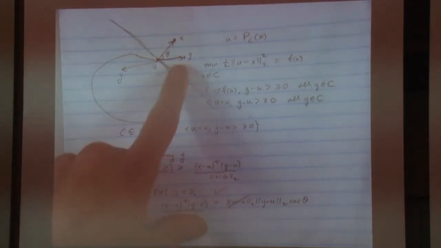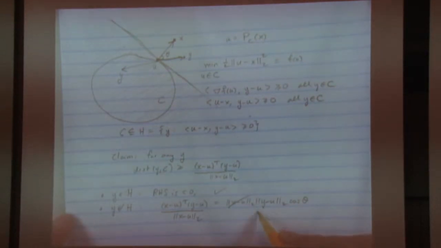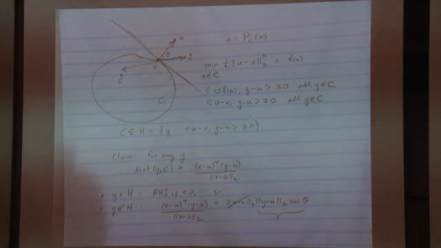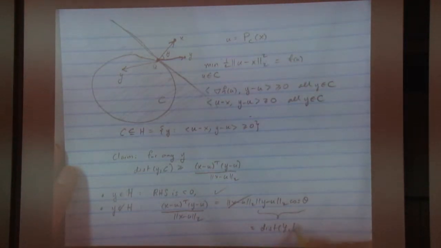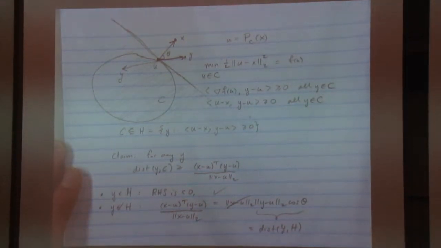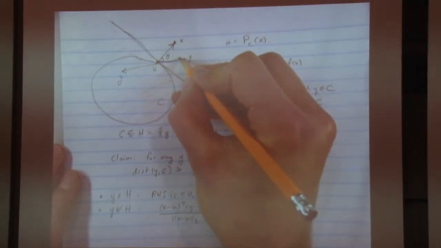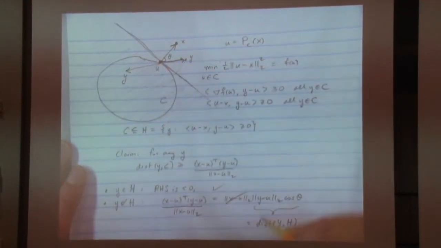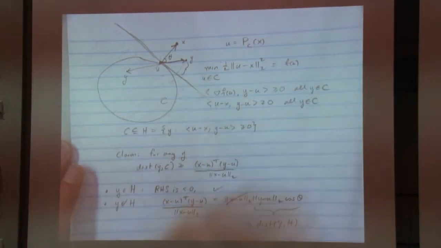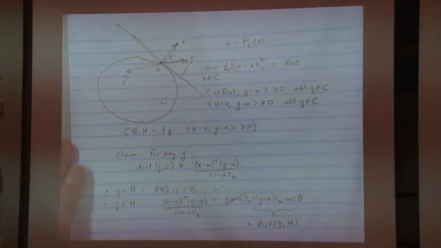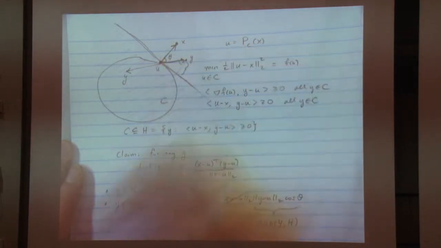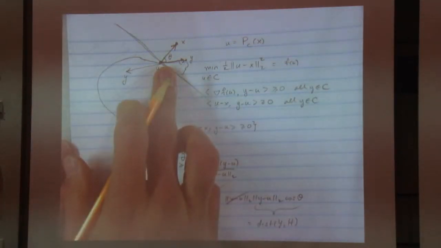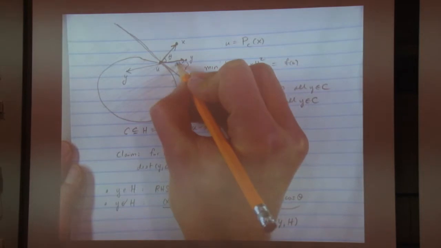I claim that this is the distance between y and the half space. Why is that true? You can see it directly from the picture. This is the distance between y and the half space. From some of our basic geometry facts, you'd believe that this angle between y minus u and x minus u is the same as this angle.